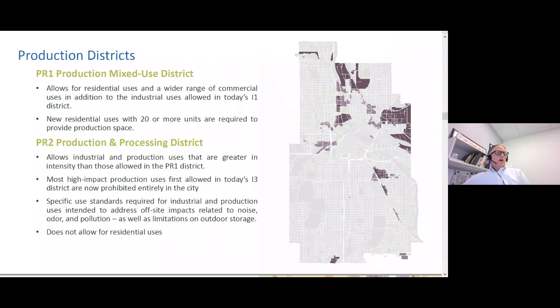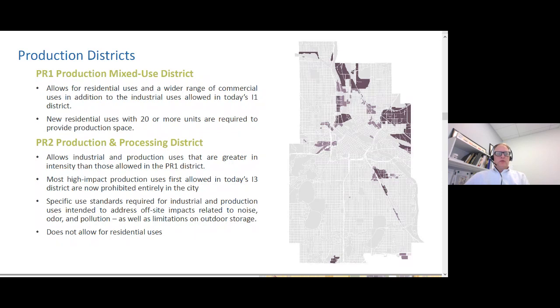Thank you, Joe. Well, the city formerly had 3 industrial zoning districts. There are now 2. They're now called production districts to emphasize the preferred focus on job generating activities where people produce things. In the PR1 district, residential uses are actually allowed as a conditional use.